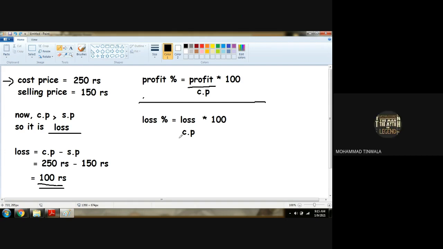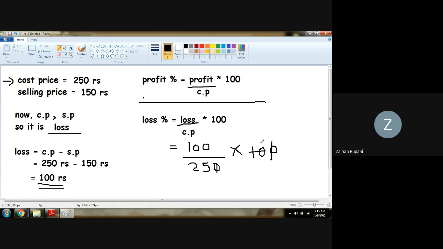So what is the loss here? 100 rupees, upon cost price 250 rupees, multiplied by 100. 0 got cancelled here. 5 2s are 10. 5 5s are 25. 5 1s are 5. 5 20s are 100. 20 into 2 is 40%.